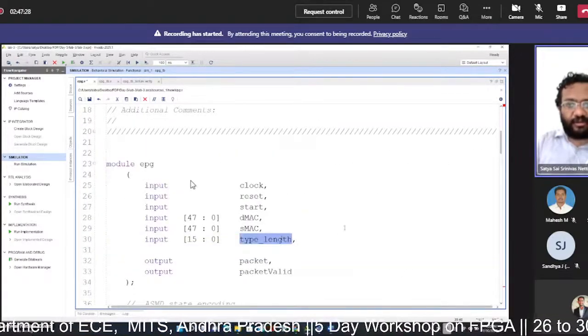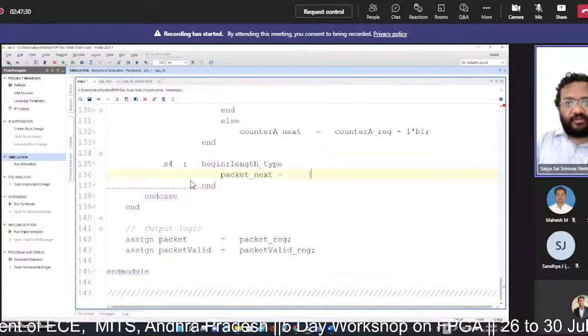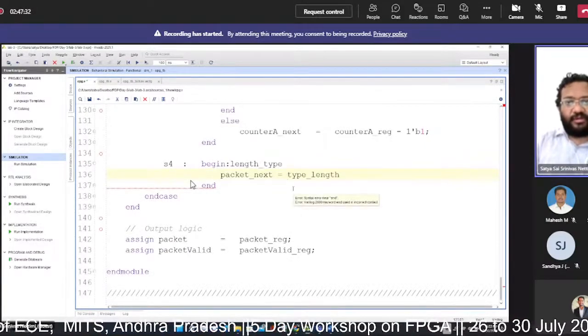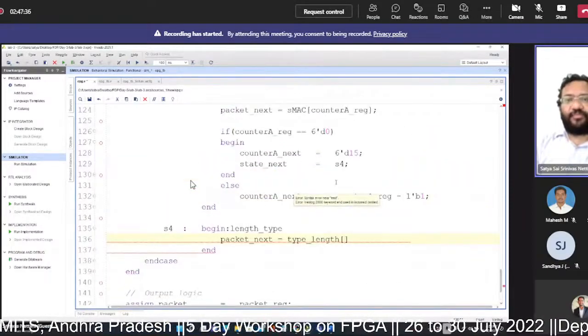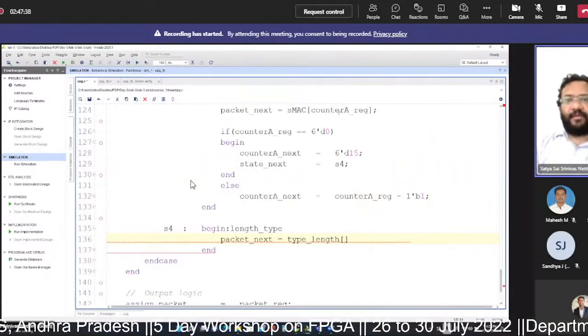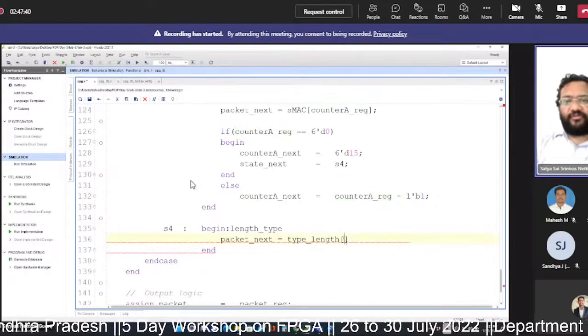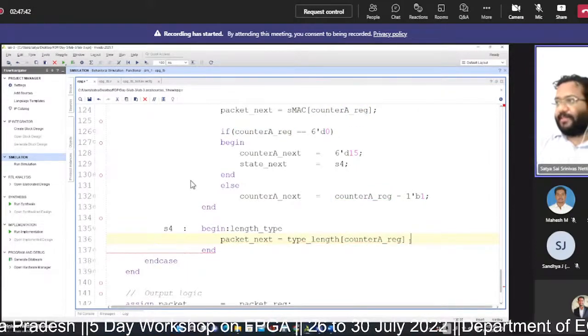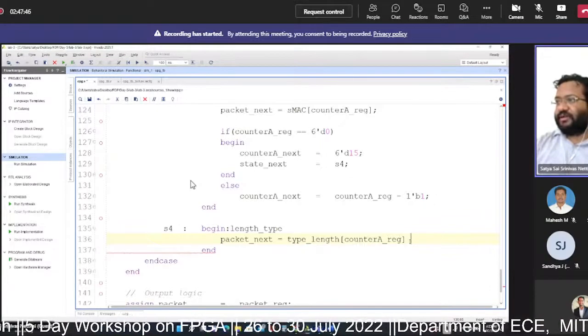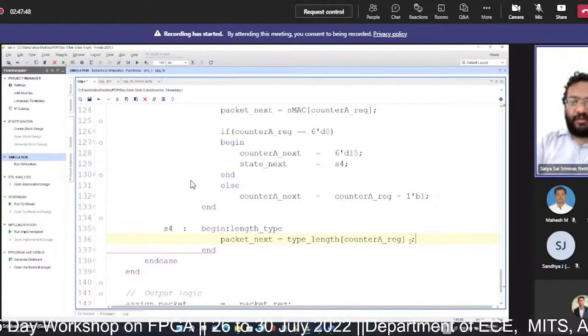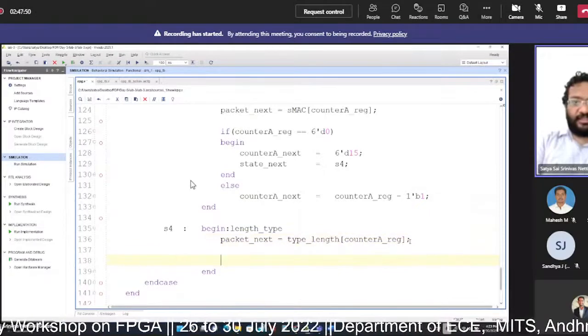Type underscore length, right? Next, I have to decrement the counter until it reaches 0.